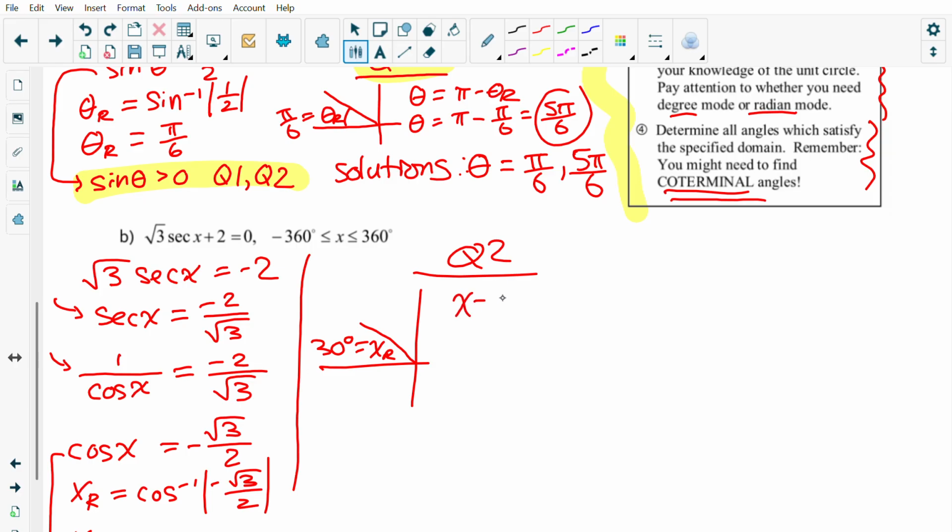So my angle in standard position equals 180 degrees minus the reference angle. So in this case, 180 degrees minus 30 degrees. My angle in standard position in quadrant 2 is 150 degrees.